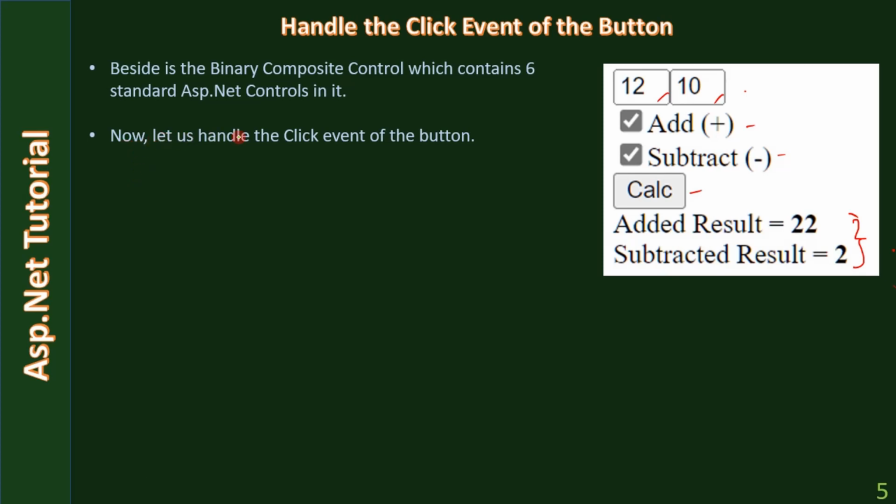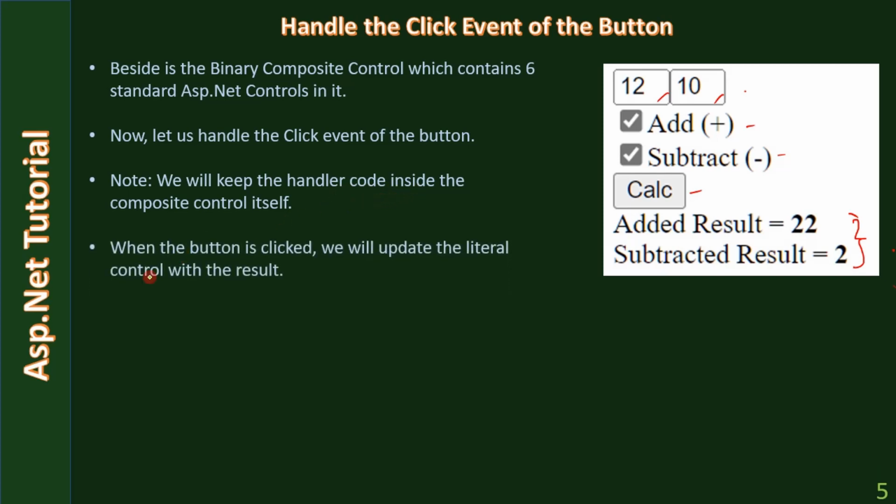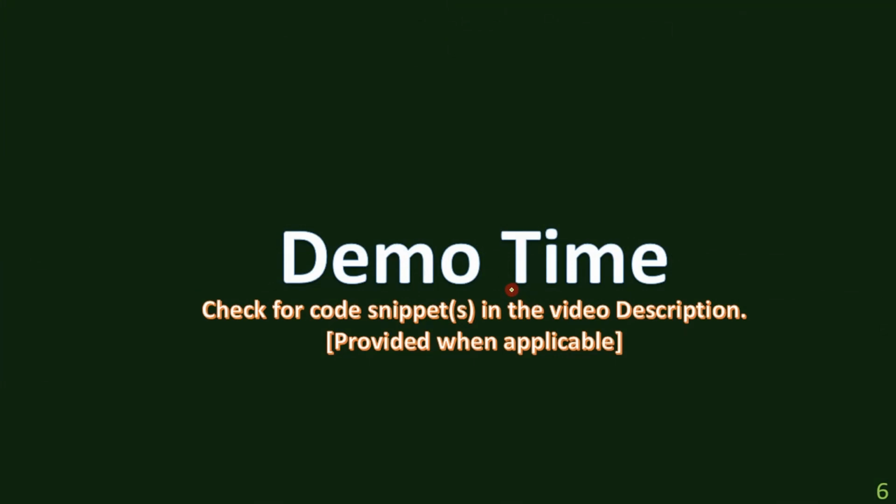So we handled the click event of the button. You saw that in the demo. And you also saw that the handler code was inside the calc button click handler itself. When the button was clicked, we saw how the literal control was updated, right? That's all here in this demo.